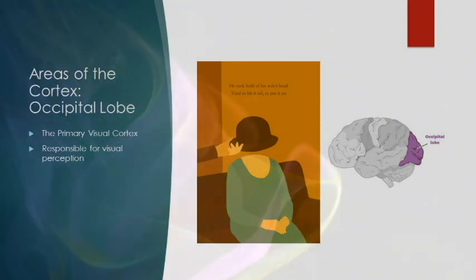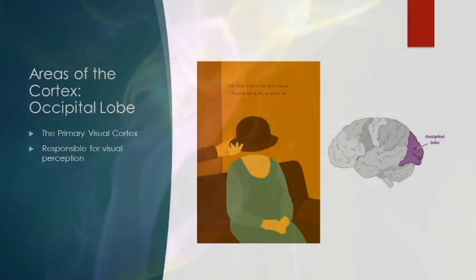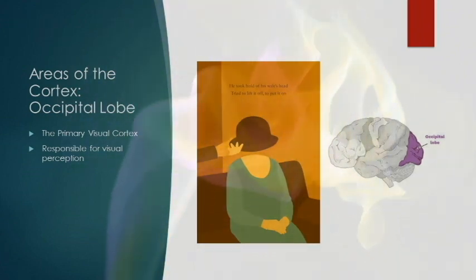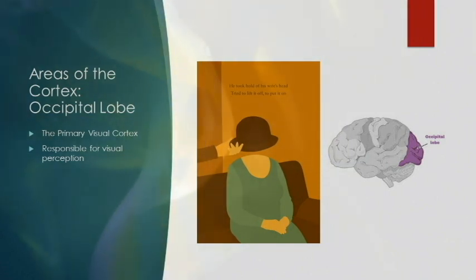Now there are other parts. One, I think it's V5, don't quote me on that, but it basically puts movement together. So if there's damage, for example, to the V5 area, you just see these still pictures, one after another. So it's like living in a room with a strobe light, a very slow strobe light.